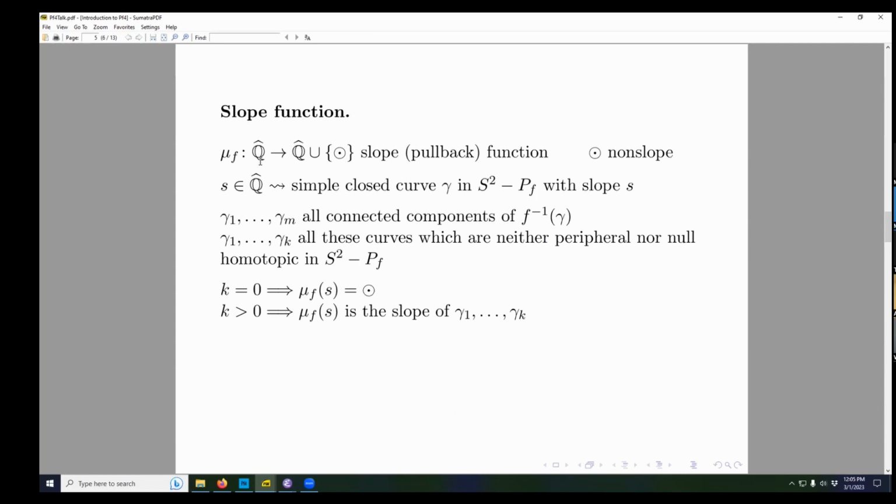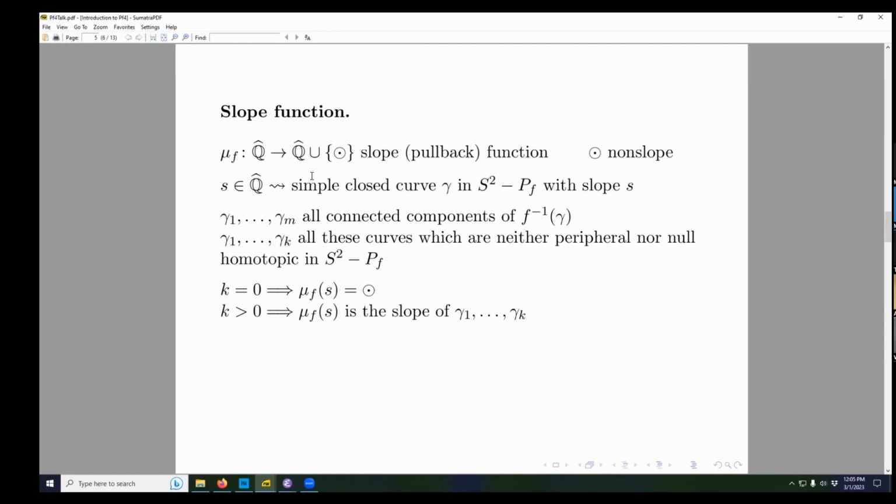So here we have Q union infinity, all possible slopes, and that maps to Q union infinity together with this extra element called the non-slope. Mu F is defined as follows. Let S be an arbitrary extended rational number. There exists a simple closed curve gamma in our square pillowcase with slope S.